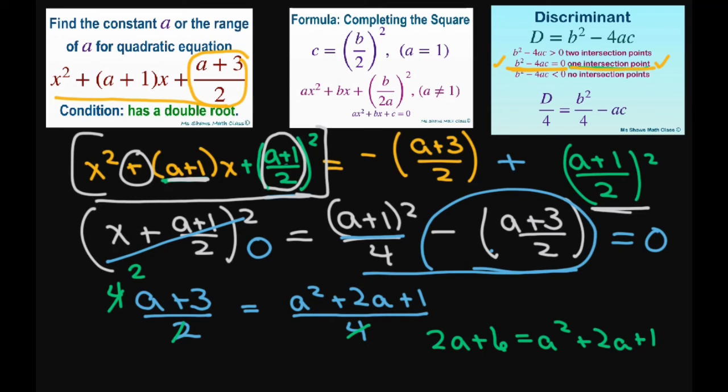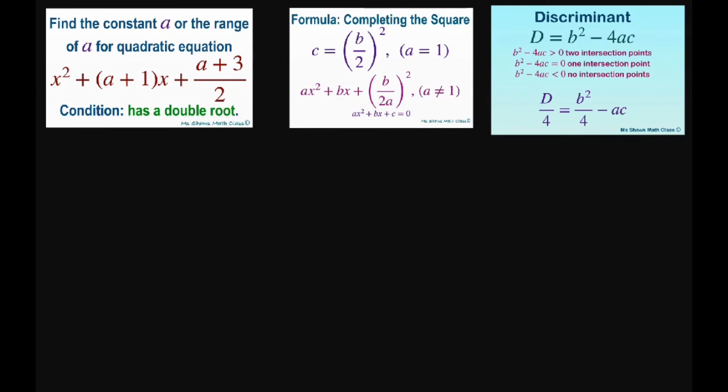Now the two a's are going to cancel here, right? And if I subtract the 1, I'm going to get a squared equals 5. I'm running out of room, so let me do something real quick. So we have a squared equals 5.